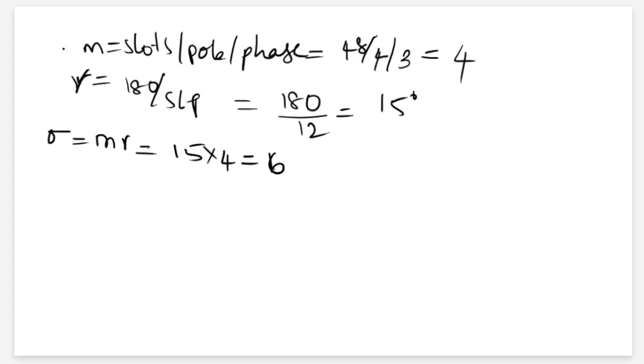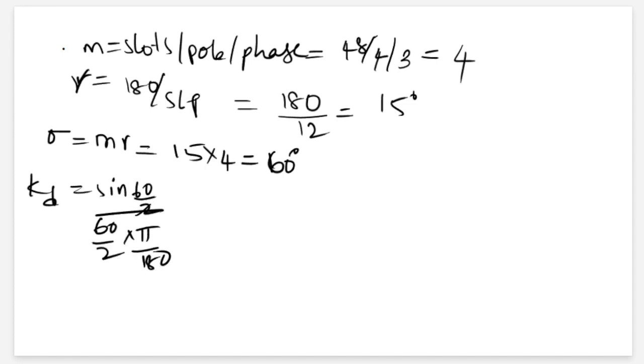Kd is equal to sine(60 by 2) divided by (60 by 2 into pi by 180). 2 ones are 2, 30s are 30, so the zeros cancel out. 3 ones are 3, 6 are 18. Here sine 30 is equal to 1 by 2, divided by pi by 6.